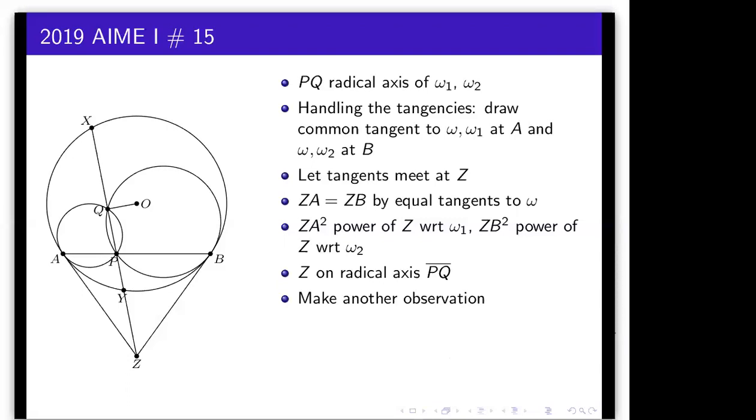In particular, in this picture, with our new point Z introduced, it seems that AQBZ is cyclic. That is, those 4 points lie on a circle.